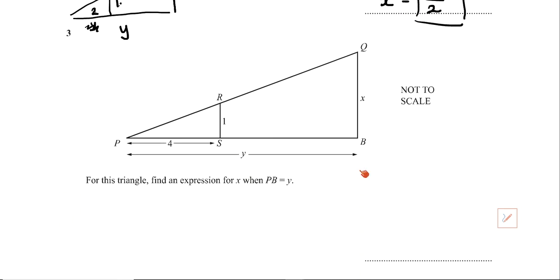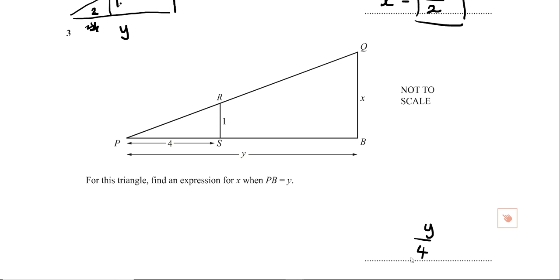So then for this triangle, find an expression. Well, the same thing. We've got 1 to 4, x to y, so y over 4, yeah. So for C, it was y over 2, and for 3A, it would be y over 4.